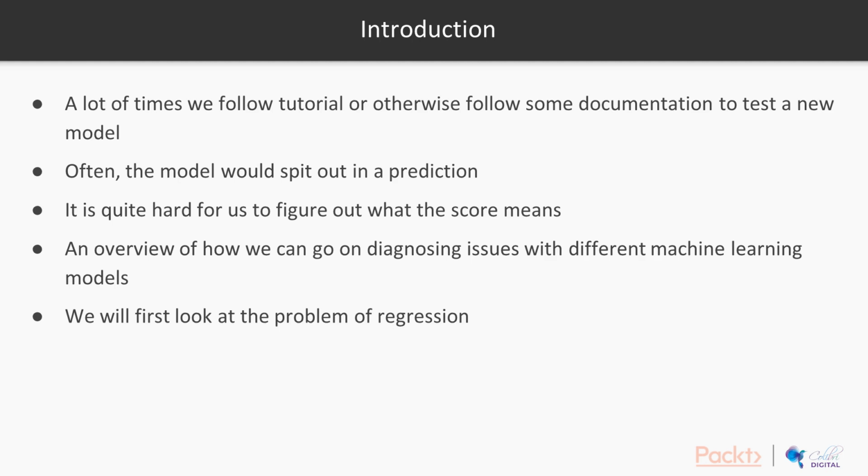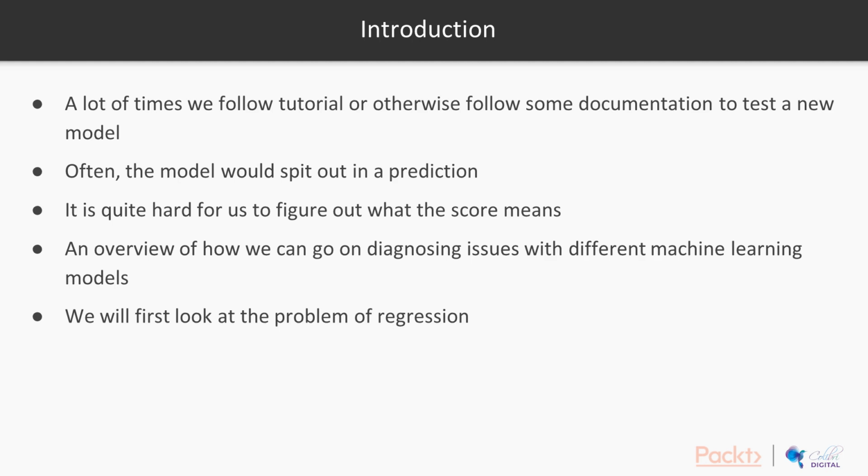And it's actually quite hard for you to figure out what the score means. Why did a particular model predict a particular number, and how did that sum up to give you the score that you're staring at? So in these few videos, for the last part of the course, I want to try to give you an overview of how we can go on diagnosing issues with different machine learning models.